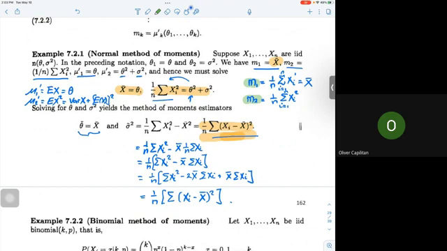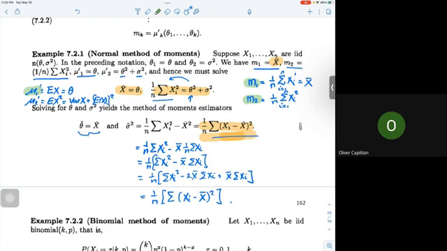And at the same time, for the first population moment, mu sub 1 prime, by definition, we have the expectation of x, and that is equal to theta. Okay, the mean, theta. And then mu sub 2 prime, the expectation of x squared, and using the definition of a variance, the expectation of x squared will just be equal to the variance of x plus the square of the expectation of x.